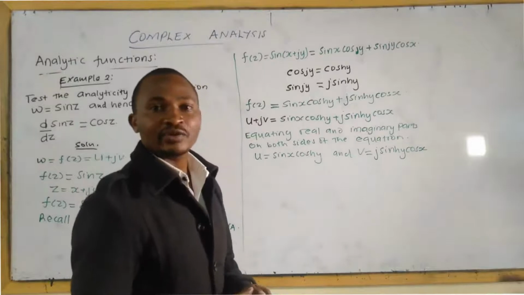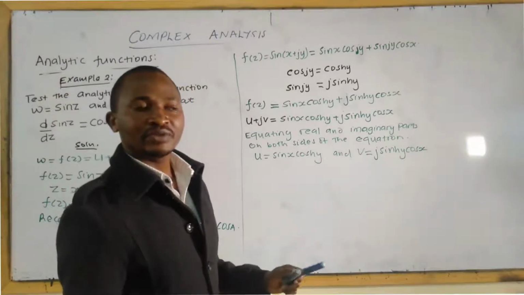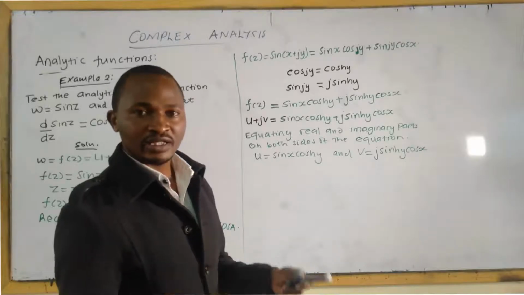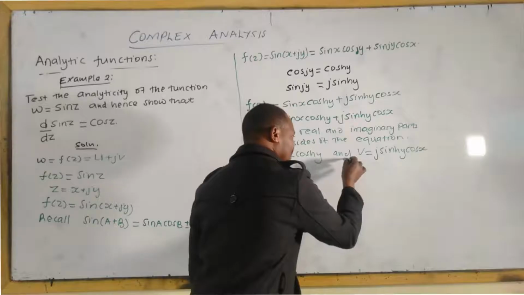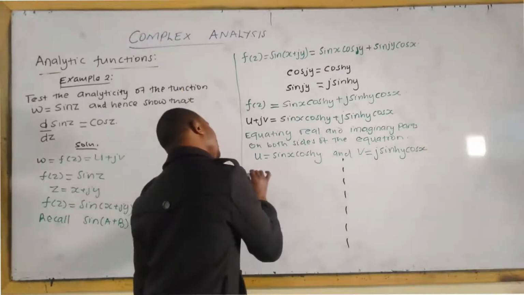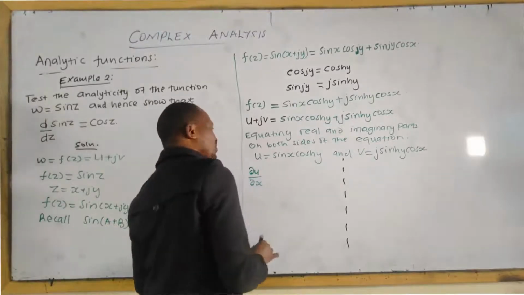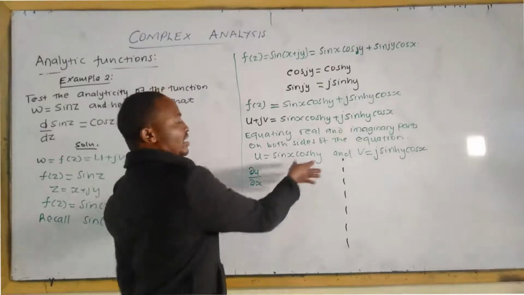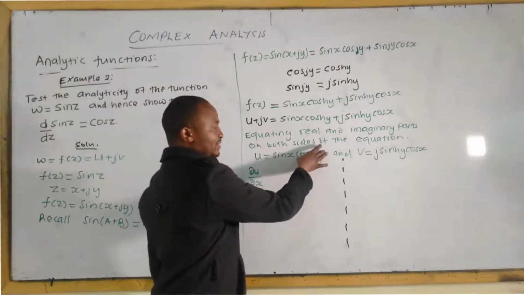We can now find the four partial derivatives so that we can equate them in the Cauchy-Riemann equations. The first partial derivative, of u with respect to x, will be equal to what? Here y is a constant, so we are not differentiating this part.